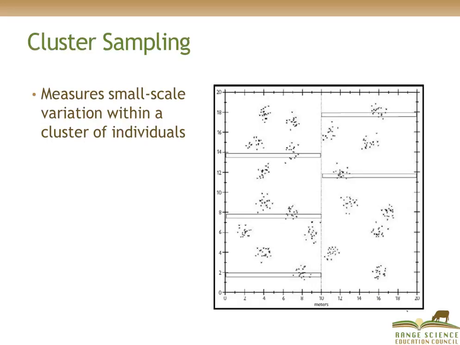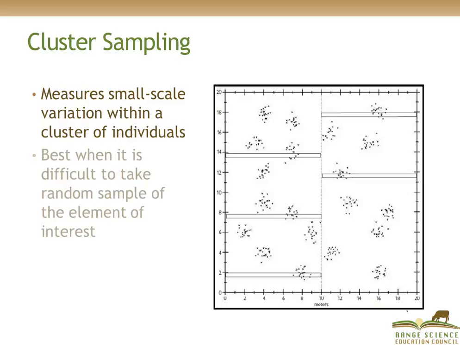Cluster sampling is another approach in which we measure small-scale variation within a cluster of individuals. And it's best done when it's very difficult to take a random sample of the element of interest. So let's see how this is done.